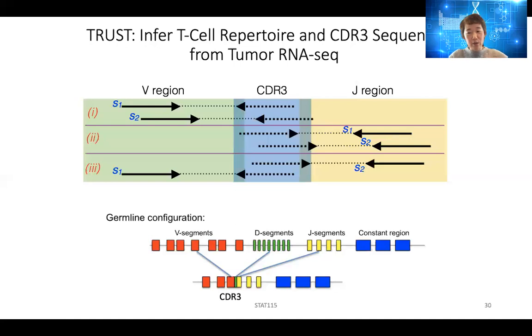And if there are enough reads from the same TCR with the same sequence, you will see that they overlap with each other. Then we can de novo assemble the VDJ sequence back from the original reads. And so we have an algorithm for that, and we also ran this across all of the TCGA tumors. On every TCGA tumor, we can identify maybe 100 or a few hundred TCRs from the tumor.